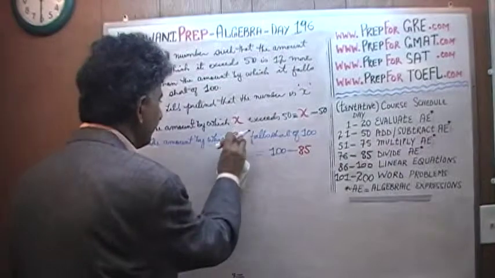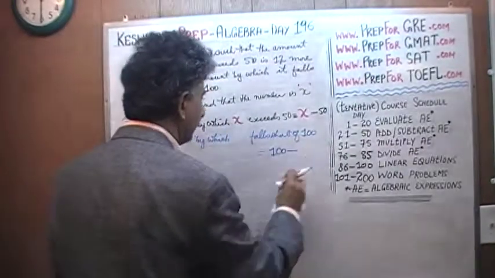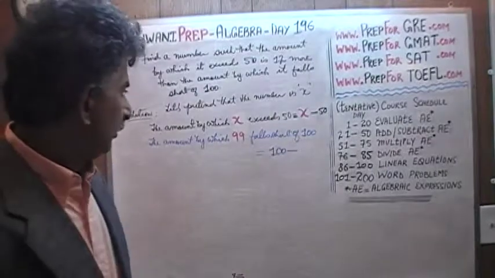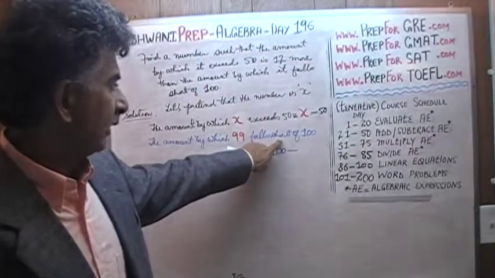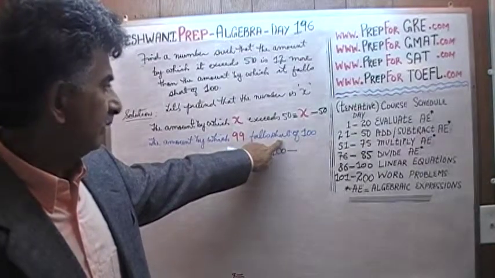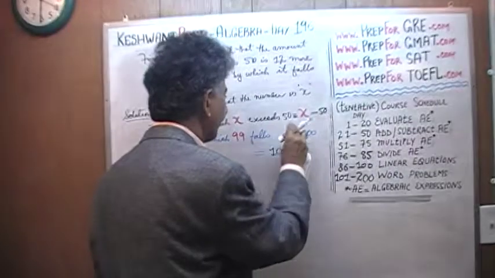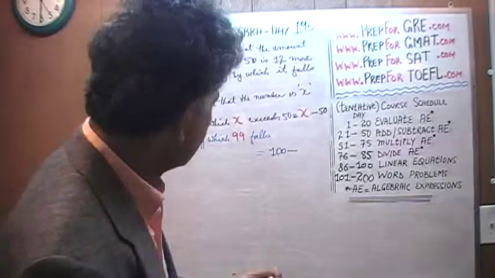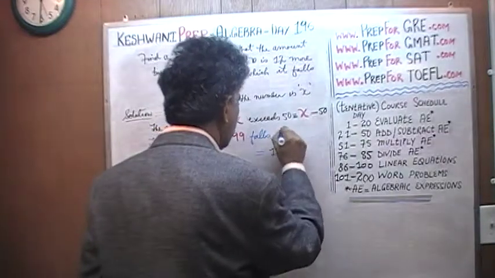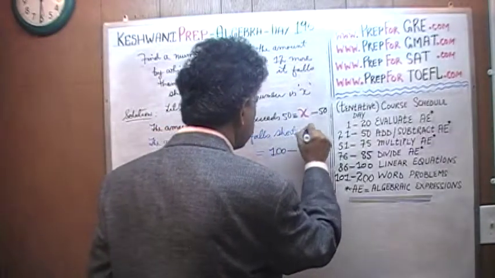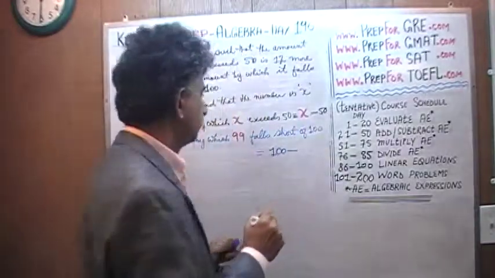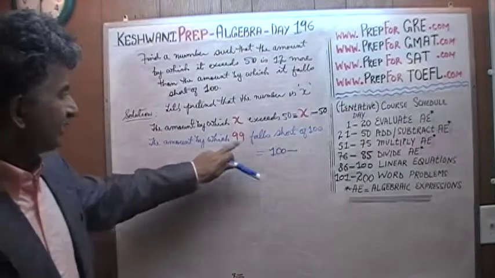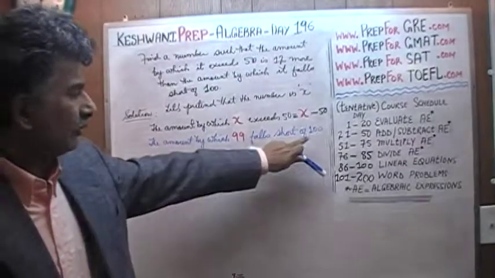The amount by which 99 falls short of 100.